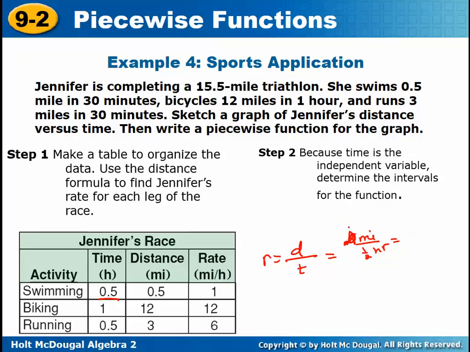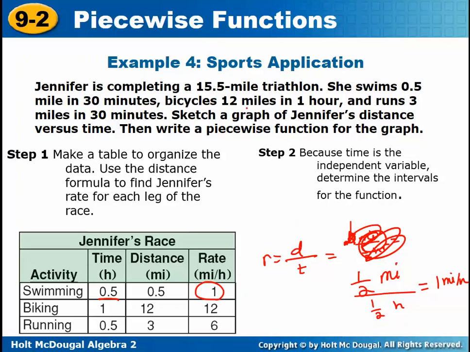She can go 1/2 mile in 30 minutes, which is 1/2 hour. So if we simplify this, 1/2 divided by 1/2 is 1 mile per hour. That's where this one came from.